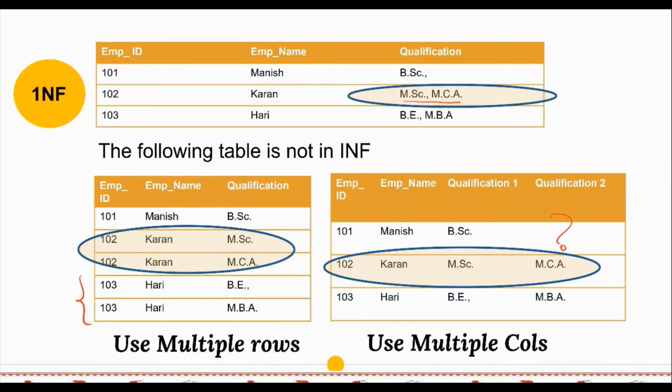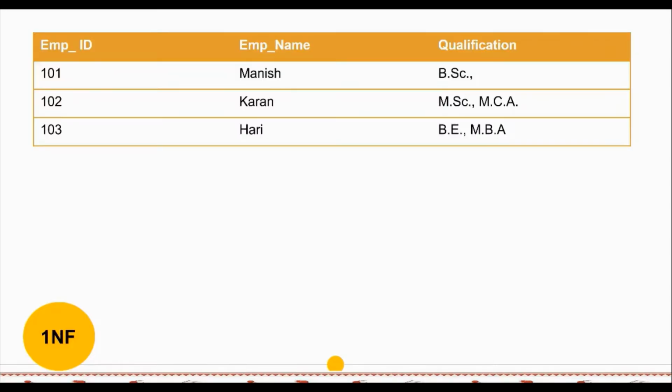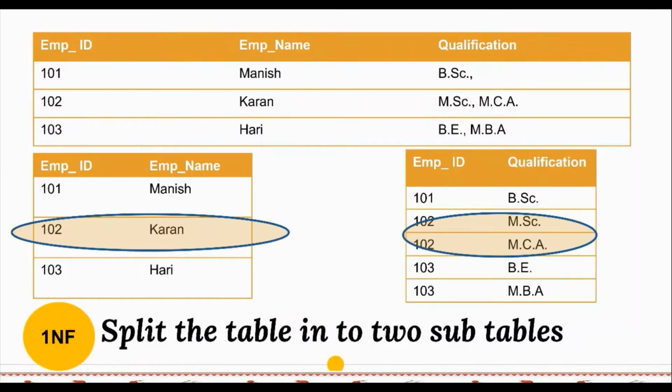So let us go for the next way of representation. What we can do is divide the table into two: employee ID and employee name in one table, employee ID and qualification in the other table. In this case, we don't face any problem and also the data will be organized. So whenever a particular table is not satisfying the relation, we try to divide the table into two or more subtables.